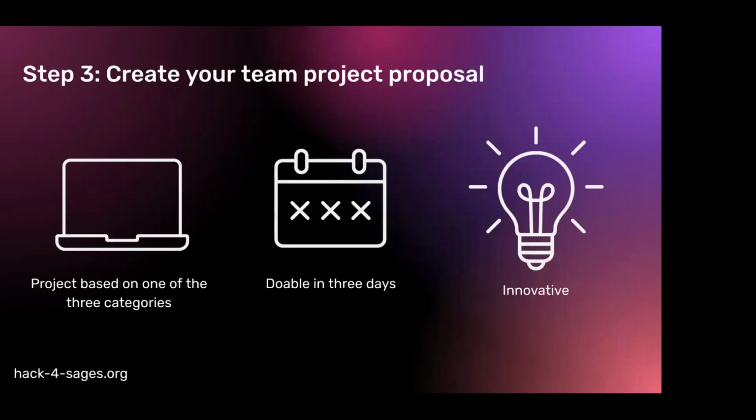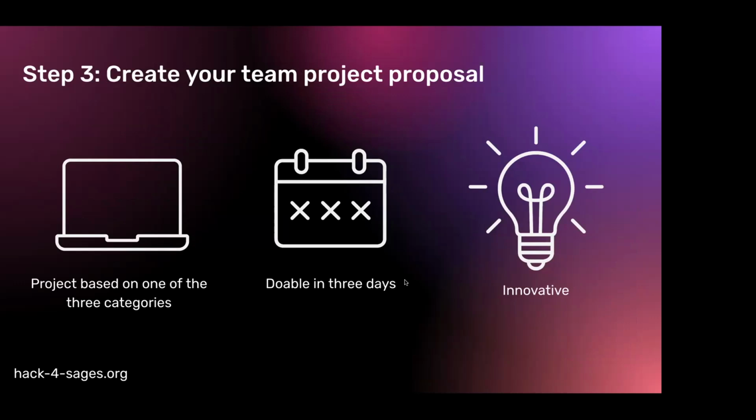So once you have your team, you need to come up with a project proposal. And here again, we're trying to be quite relaxed with the things that we expect from you. All that we ask is that the projects are based in one of the 3 categories that you had to choose in step 1, and that they are doable in 3 days.